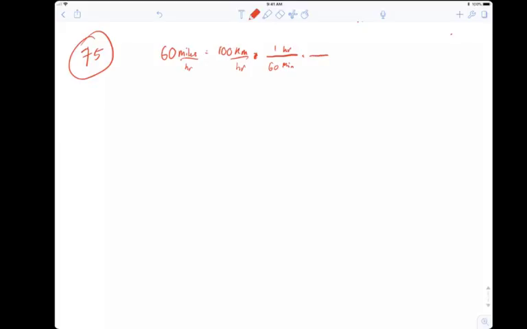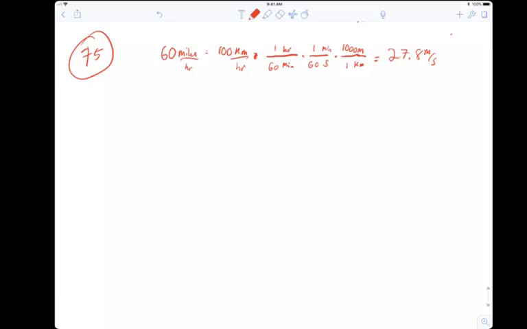And then minutes to seconds, 60. And then kilometers, 1 kilometer is 1,000 meters. Let's convert this to meters per second just because it's easier to work in. 100 times 1,000 divided by 3,600. 27.8 meters per second.